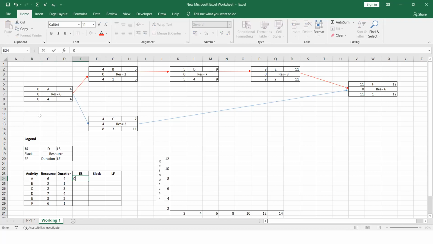For the slack, what is the slack for the activity A? It is 0. So slack, early start time and the late finish time that now we are going to fill, right? So the slack is 0 for the activity A. And late finish time for the activity A is 4.